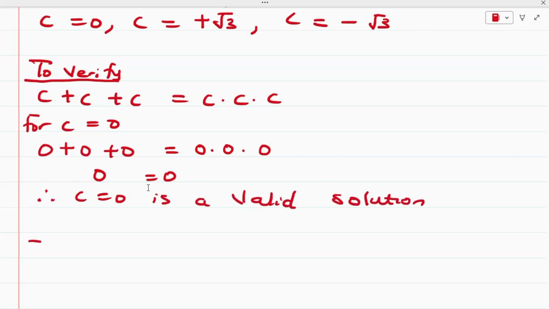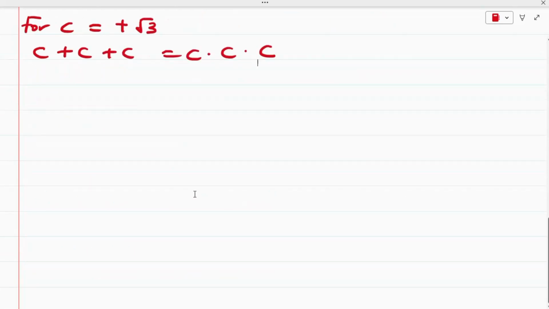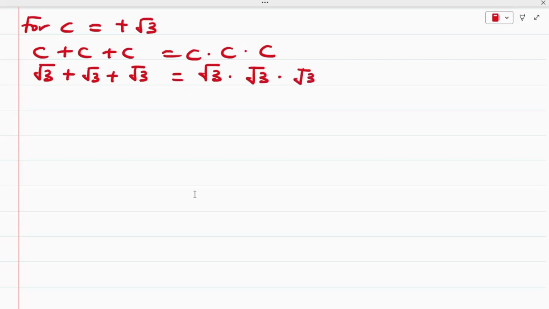So let's simply solve for c equals plus root 3. We have the question to be c plus c plus c equals c multiply c multiply c. Alright, so for this we have root 3 plus root 3 plus root 3 is equal to root 3 multiply root 3 multiply root 3, right?